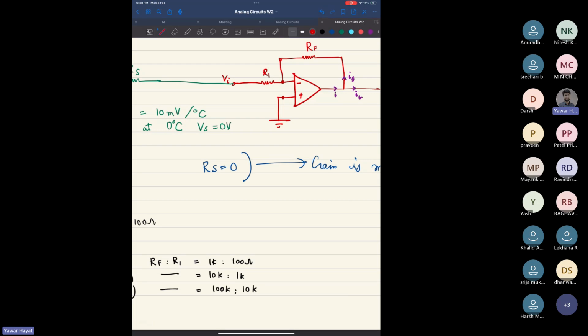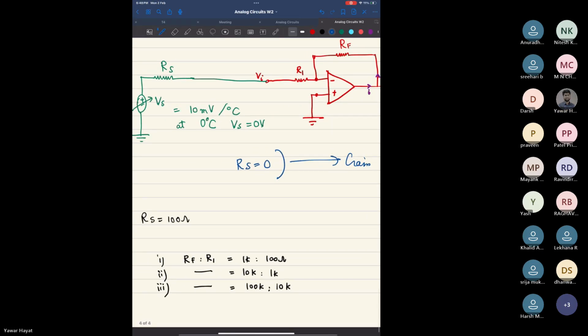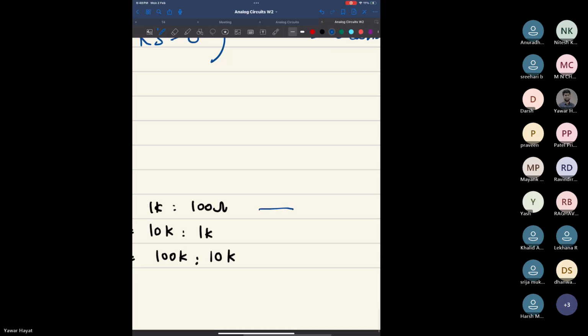1 kilo is to 100. 10 kilo is to 1 kilo. 100 kilo is to 10 kilo. What would be the gain for this one, for this one, and for this one? Yeah, it would be 5 for this one.